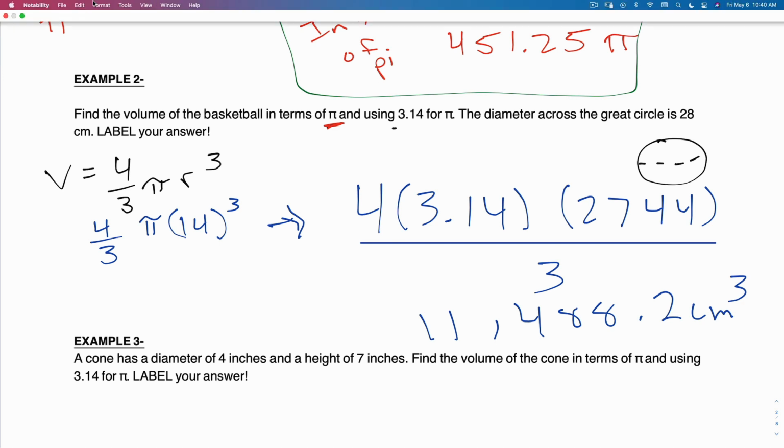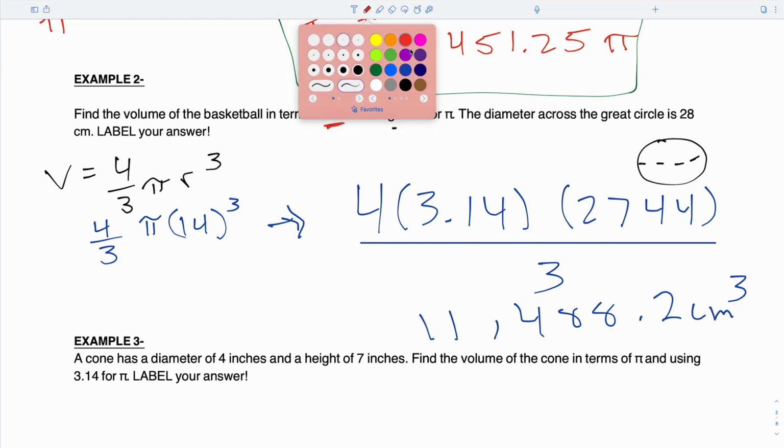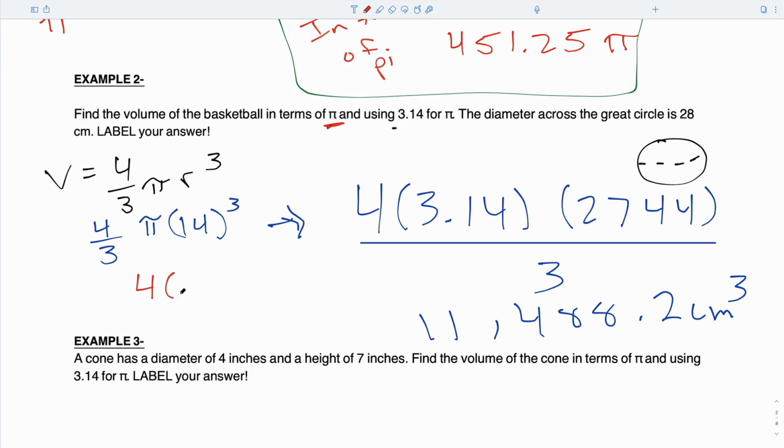My answer for in terms of pi is going to just be the 4 times 2744 divided by 3. There's your pi, divide it by 3.